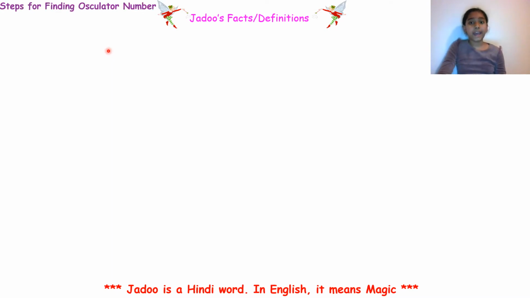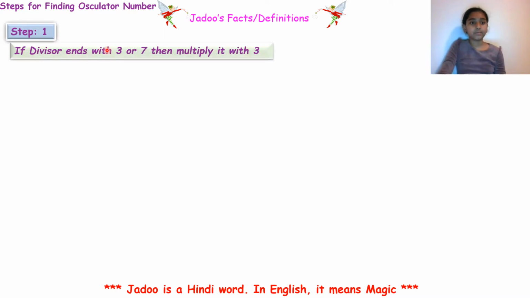Basically, it has two steps. First, if the divisor ends with 3 or 7, then multiply it with 3. For example, the divisor is 17. New number is 17 times 3, which is equal to 51.